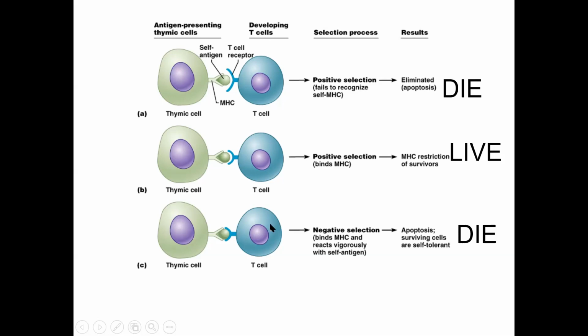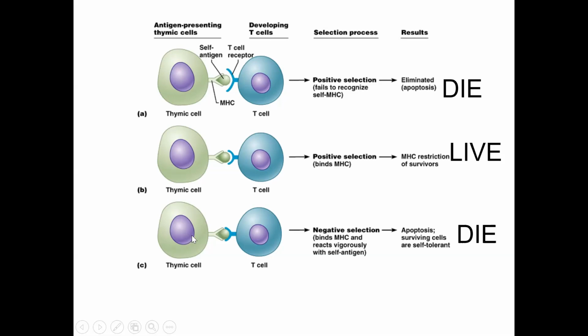If this T cell recognizes your self-antigen and then binds to it and reacts to it, this is something you do not want. You want to get rid of this type of T cell because if your T cells recognize your own antigen and then react to it, that's going to destroy your own tissue.